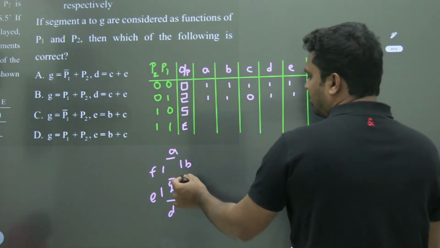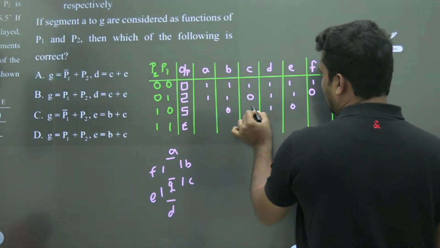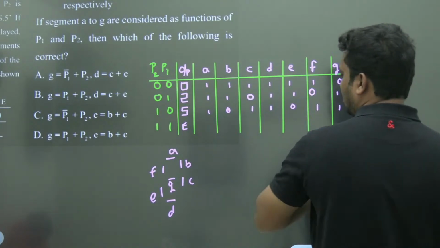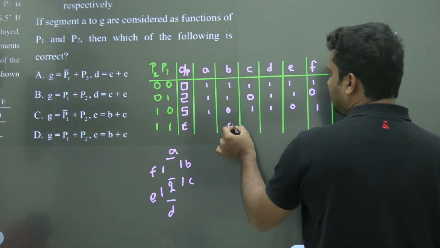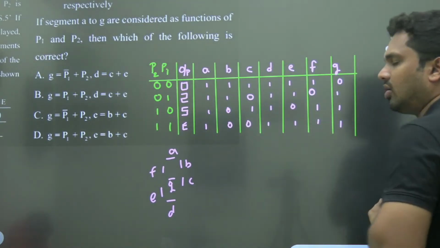Here for 5, B and E will be zeros, remaining will be ones. Here for error, B and C will be zeros, remaining will be ones.